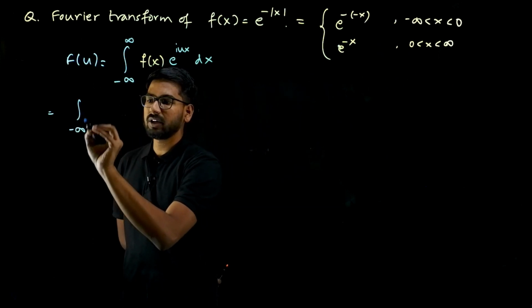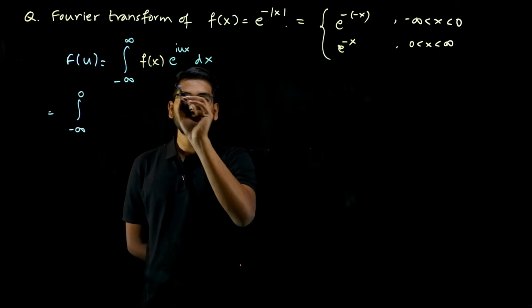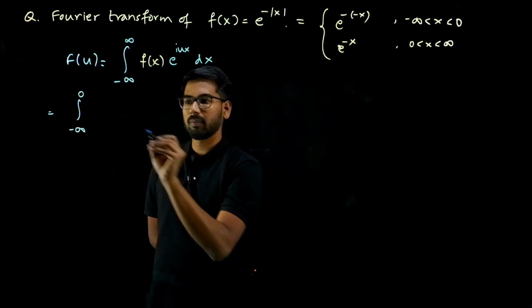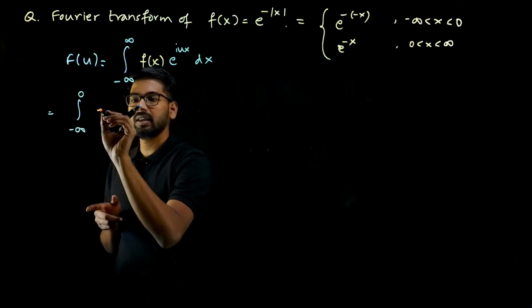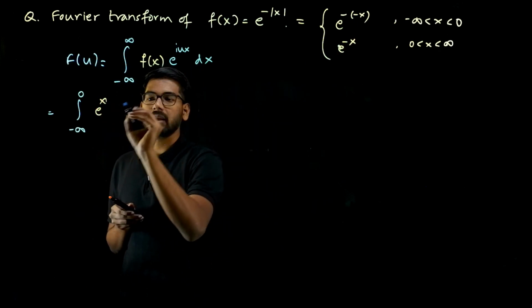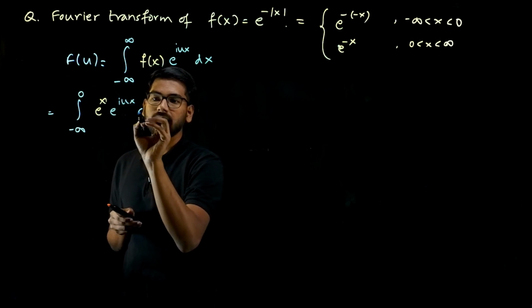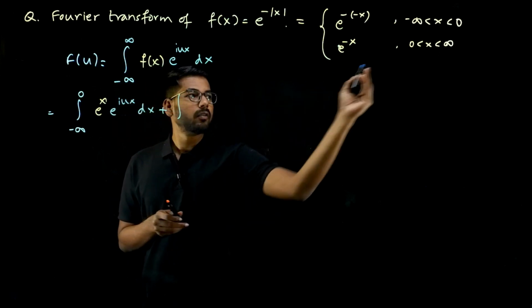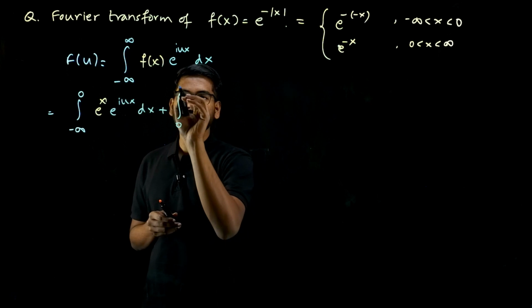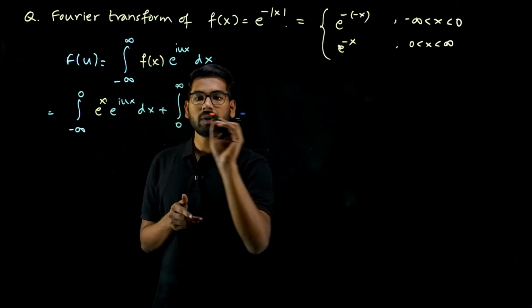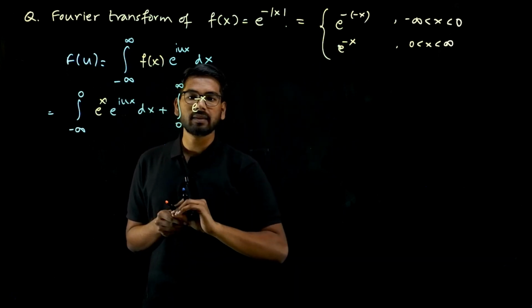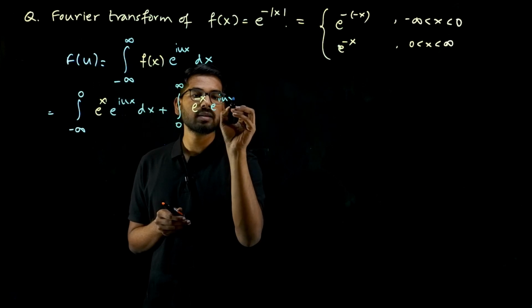Integration from minus infinity to 0, where f of x is e power x, that is e power x e power iux dx, plus from 0 to infinity, where f of x is e power minus x, that will be e power iux dx.